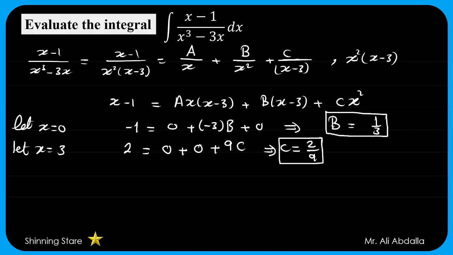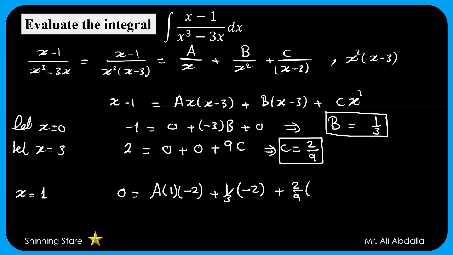Then we can use another value of x, x equal 1, to find the value of a. 1 minus 1 equals 0. a times 1 times 1 minus 3 equals negative 2a, plus we substitute b equal 1/3 times 1 minus 3 equals negative 2, plus c equal 2 over 9 times 1 to the power 2.